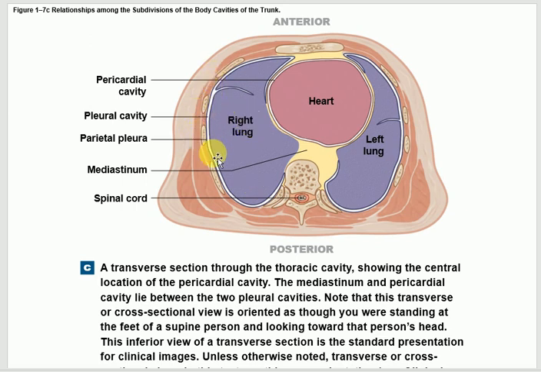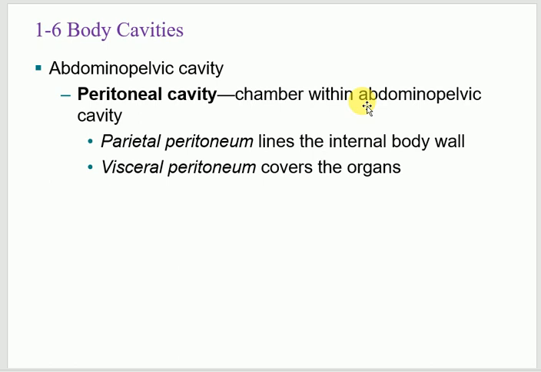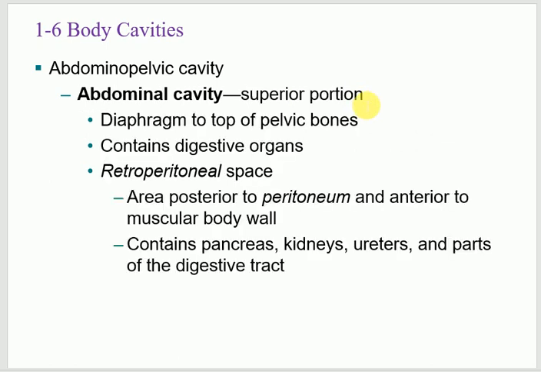The white here is pleura, the visceral and parietal, and here is the heart, visceral and parietal. So here it is again for the abdominal cavity specifically. There is a visceral that's covering the individual organs, and there is parietal surrounding the whole abdomen.